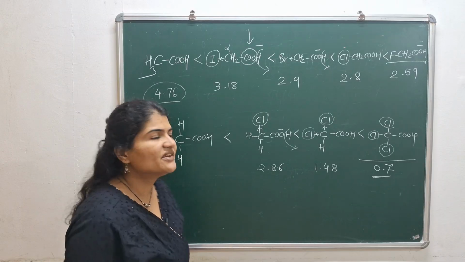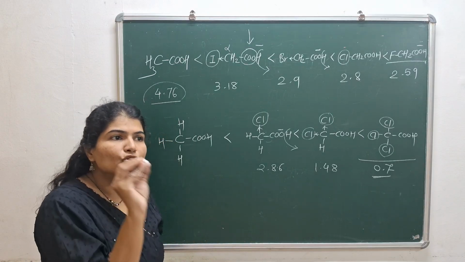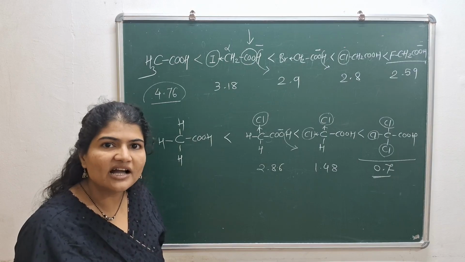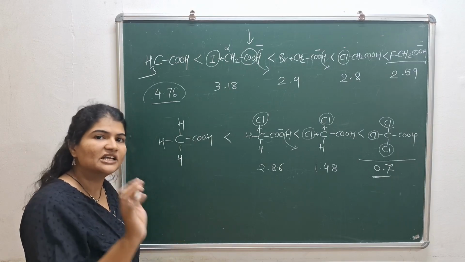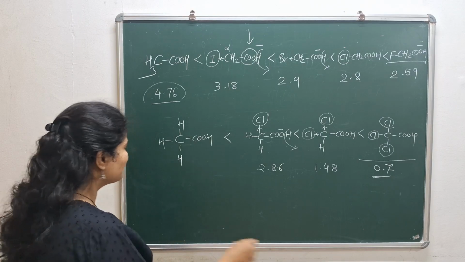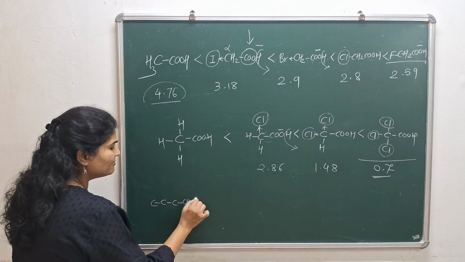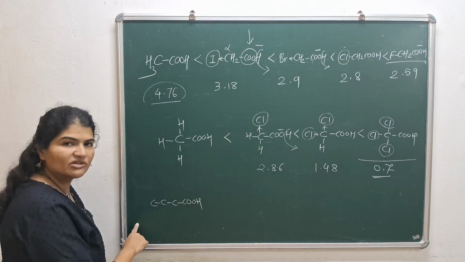Now one more condition we will study: whether the group attached is away from the alpha carbon or near to the alpha carbon also affects the acidity. Let's take an example, butanoic acid. This is butanoic acid.